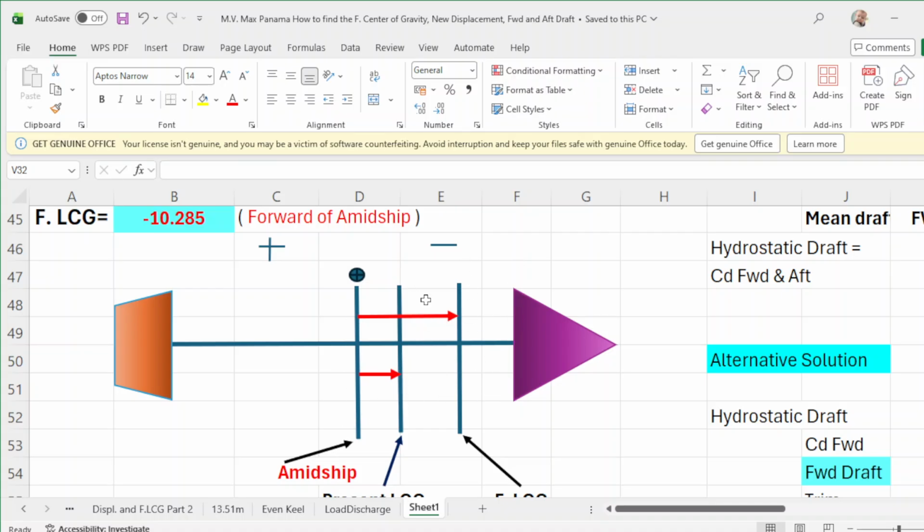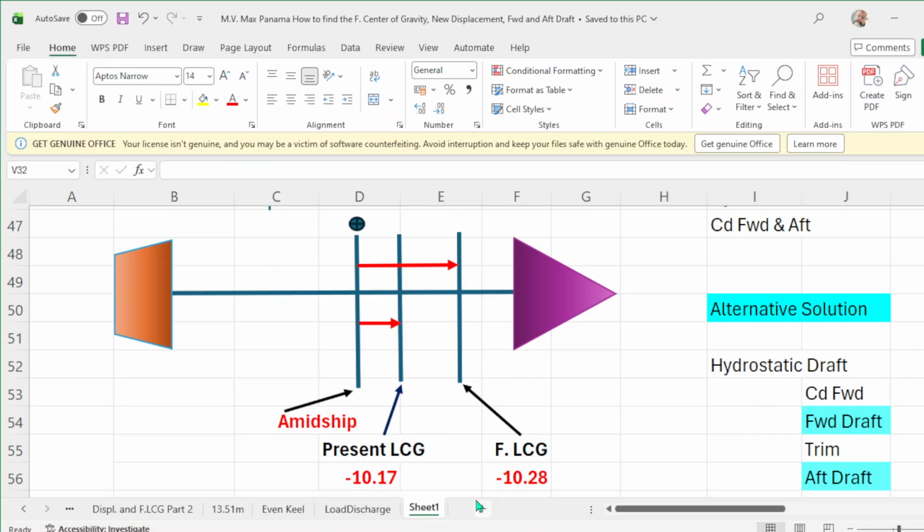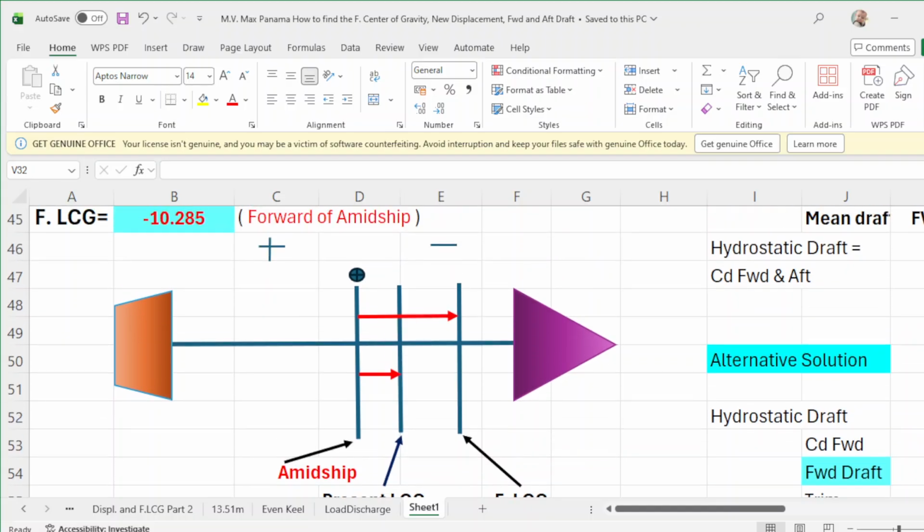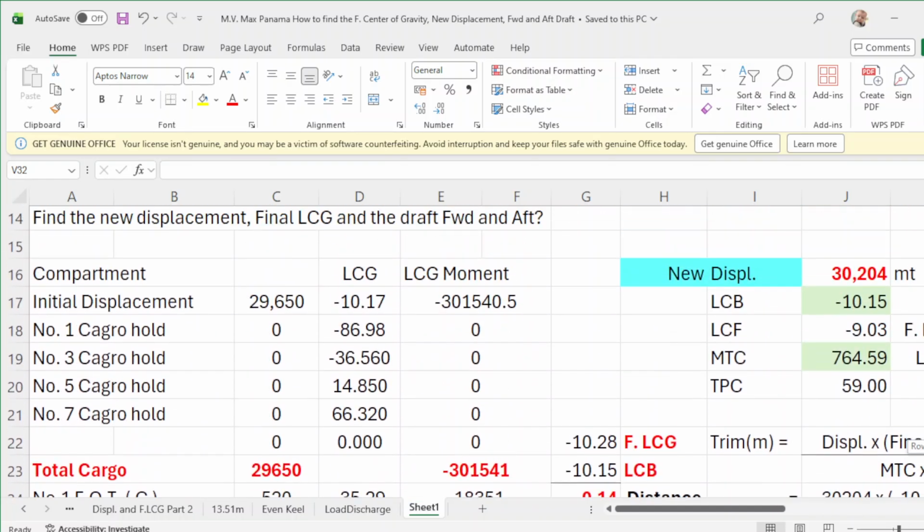Any point here, when negative, is forward of your amidship. When it is positive, it is aft of your amidship, at the back. When you're forward of your amidship, like this one, these are all negative. So this is forward of amidship. That is what it means when it is negative. Okay?